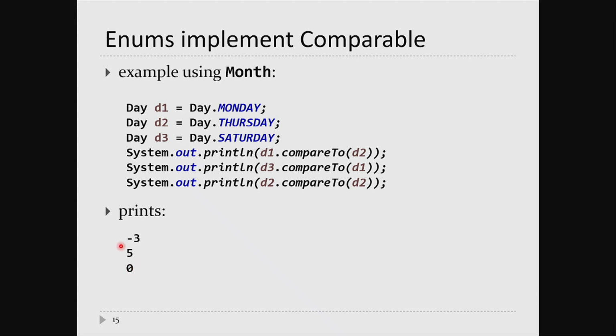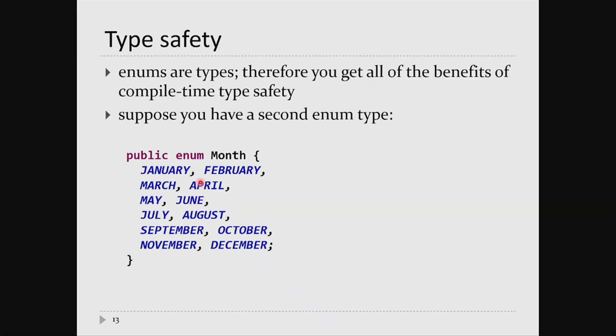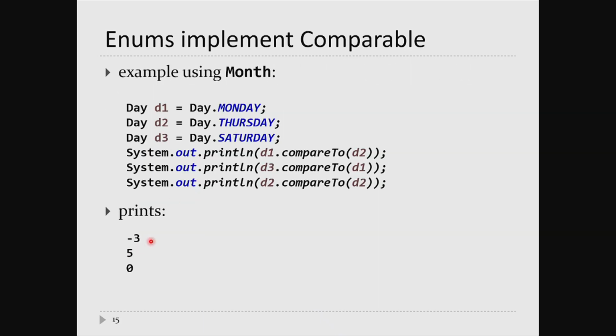The value that you get from compareTo is the difference in the ordering of the two elements. So D1 compared to D2, Monday and Thursday: here's Monday, here's Thursday, so 1, 2, 3, or -3 in this case. It gives you back the difference in their ordering.